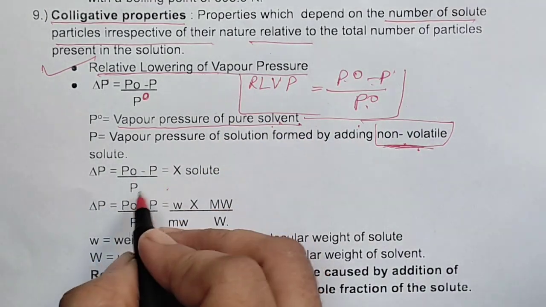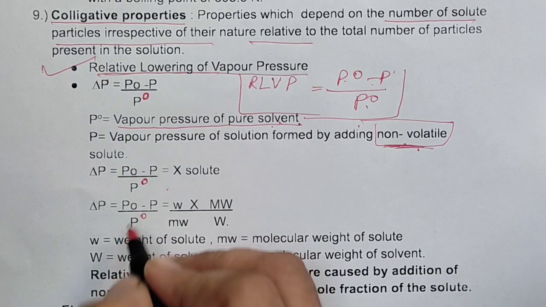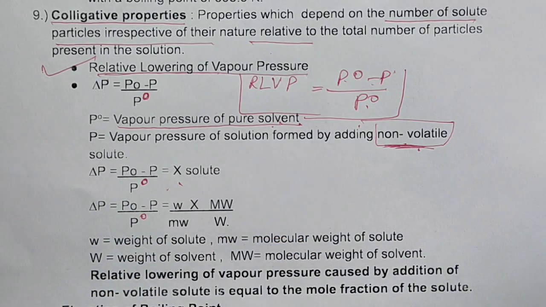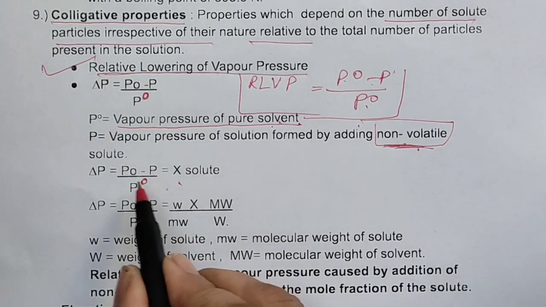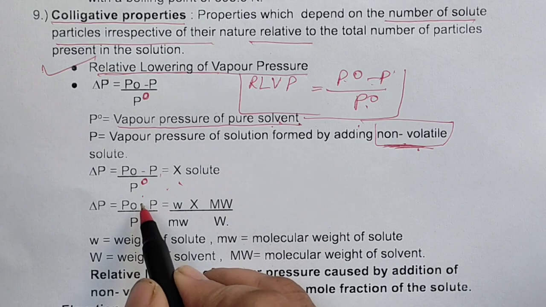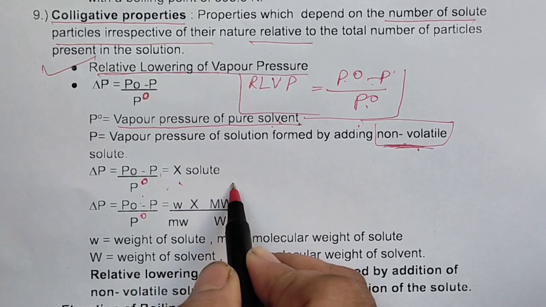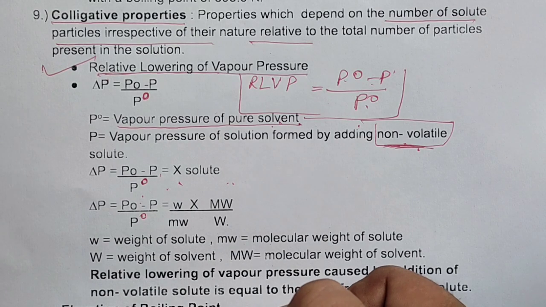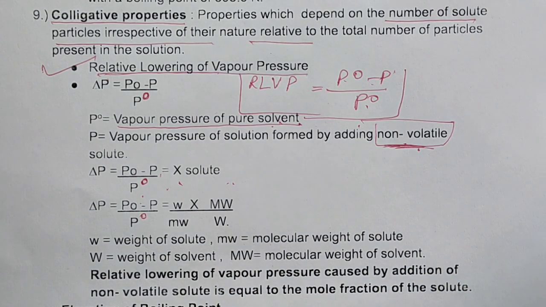So this is P naught again. So this is equal to mole fraction as per Raoult's law. This is Raoult's law for a non-volatile solute, which says P naught minus P by P naught, with reference to the pure component 1, is equal to the mole fraction of the solute. Obviously, when I add more amount of the non-volatile solute, the lowering will be more, because the non-volatile solute is not going into the vapor phase. Fine.